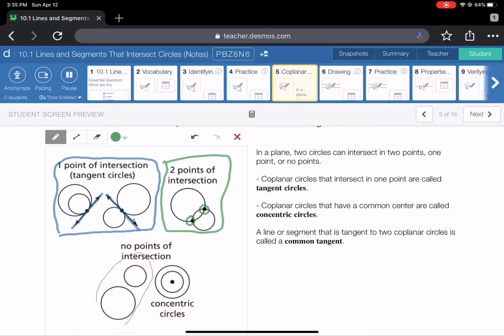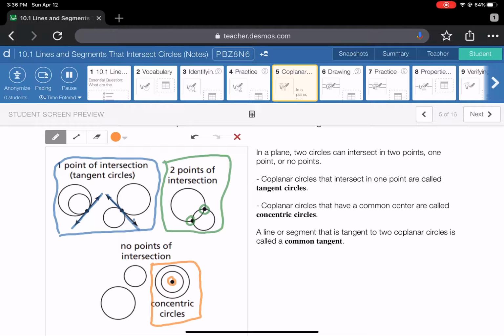See how these circles are not touching? And then we have a special type of circles that do not intersect. These are called concentric circles. When 2 circles have a common center, the same center point, but they do not touch, they are called concentric circles.